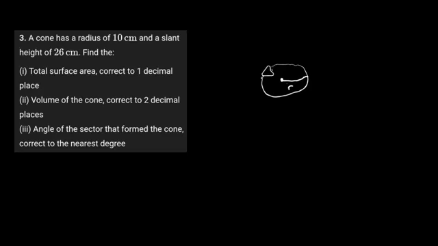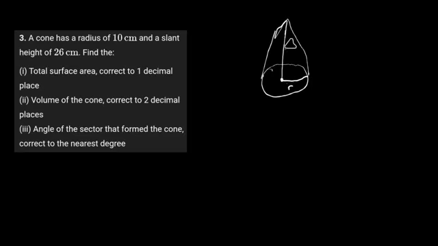So let me draw the triangle. This is our cone. Let me draw it, starting from this place. So this is our cone. If you divide it into 2 this way, let's draw a line from the center of the circle to the top of the cone.